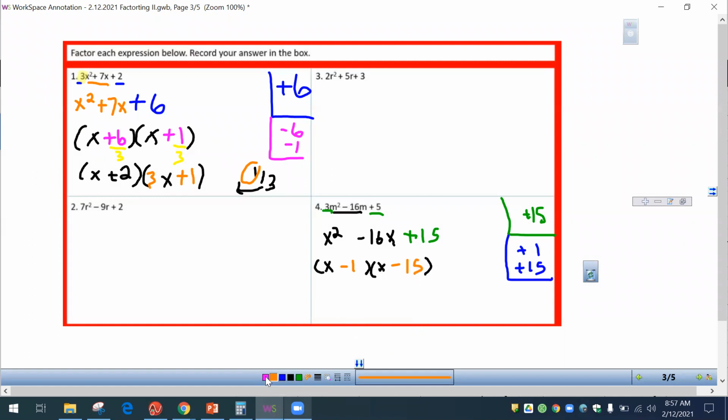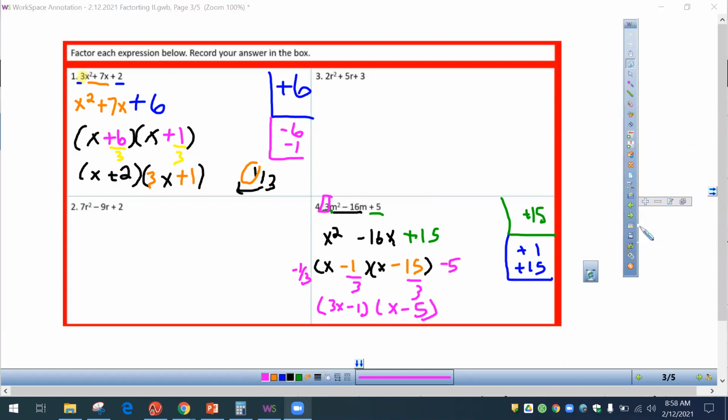So now what you want to do is divide by this 3. So when you divide negative 1/3, just to save some time flipping, that stays the same. So the 3 will go up front, the minus 1 will stay there. And then negative 15 divided by 3 is negative 5. So you can just bring that down. So that's how you factor those.